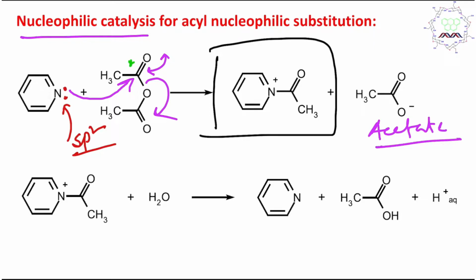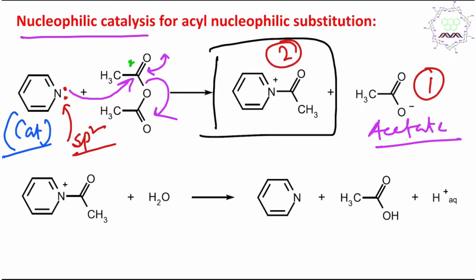which has a covalent bond with this catalyst. So here the catalyst is pyridine. Now a question may come: sir, between the acetate versus these two, which one is more reactive? Obviously the intermediate. Why? Because in the case of acetate, it's a negatively charged species, it has resonance, so this carbonyl carbon is not that electron deficient, so nucleophilic attack will not happen on this acetate moiety.